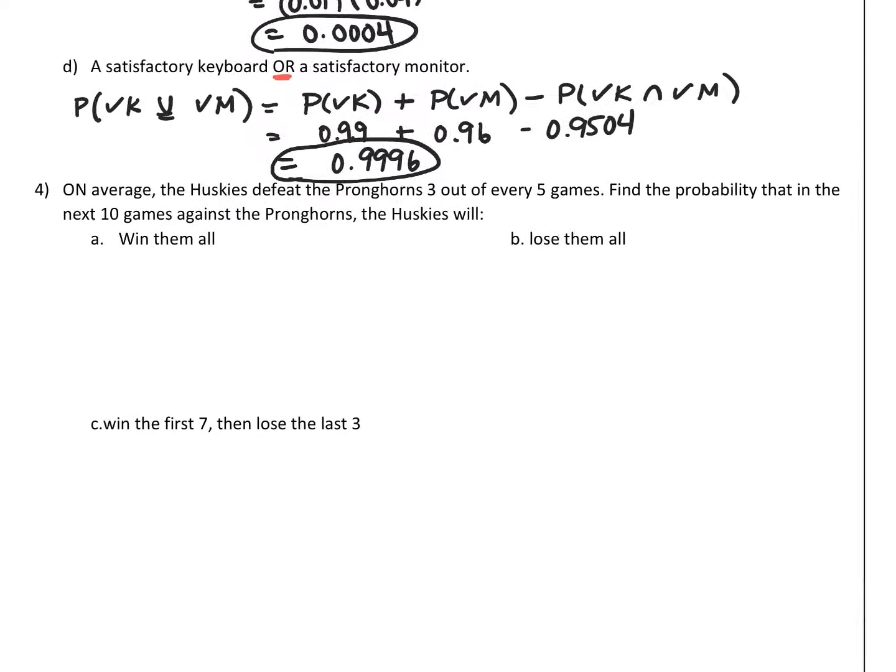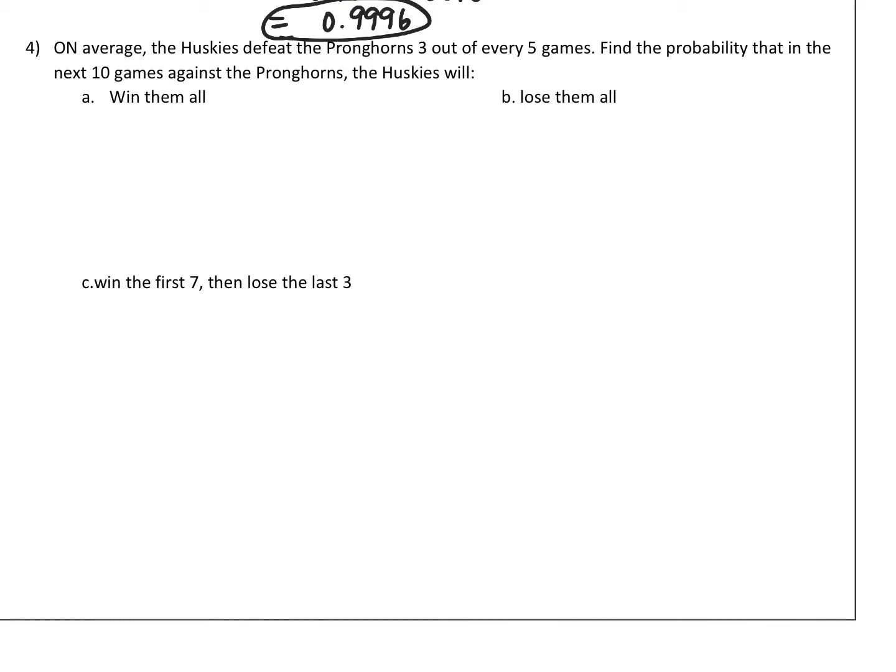All right, let's move on to this one. It says, on average, the Huskies defeat the Pronghorns 3 out of every 5 games. So they win 3 out of every 5. Find the probability that in the next 10 games, the Huskies will win them all. So basically this is saying the probability of getting a win, and then a win, and then a win, 10 times.